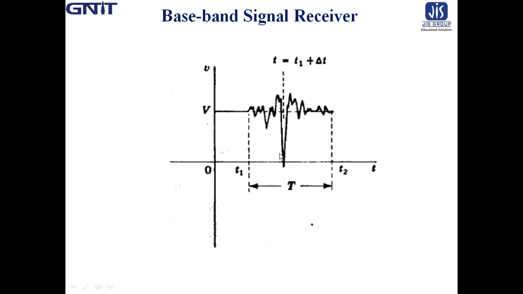In this case, according to our last theory, although plus V was transmitted, the receiver anticipates that minus V was transmitted. So there will be a wrong decision. So in this case, error occurs.